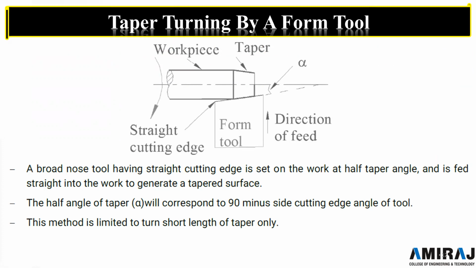A broad nose tool having a straight cutting edge is set on the work at half the taper angle and is fed straight into the work to generate a tapered surface. The tool you can see in the figure has a straight cutting edge, whereas in the earlier cutting tool there was a pointed cutting edge.